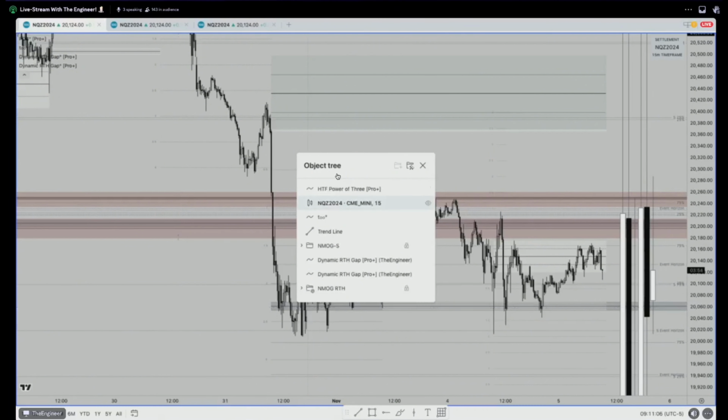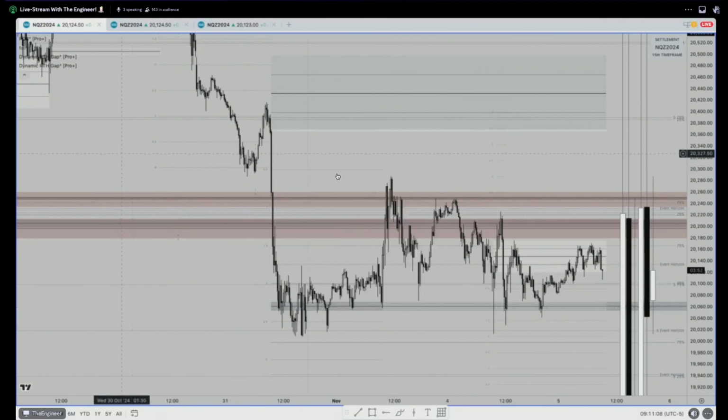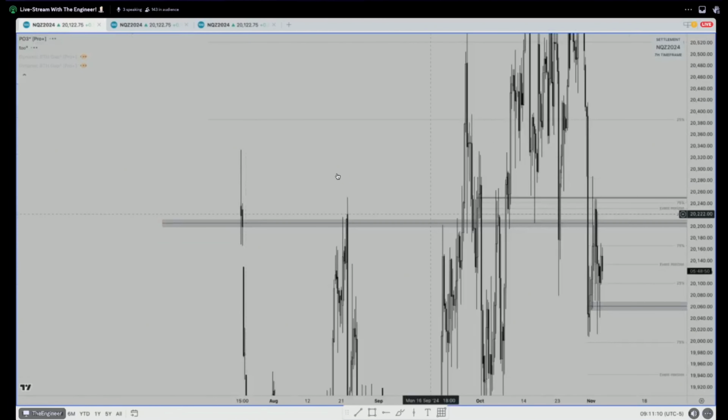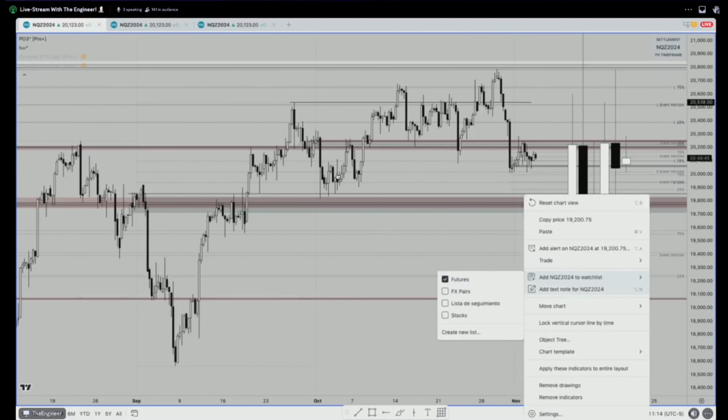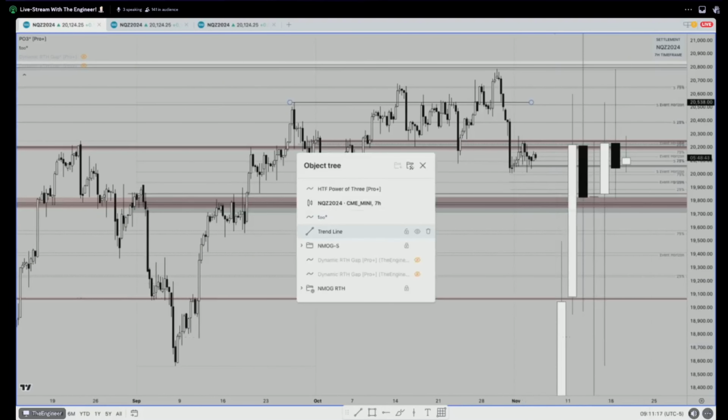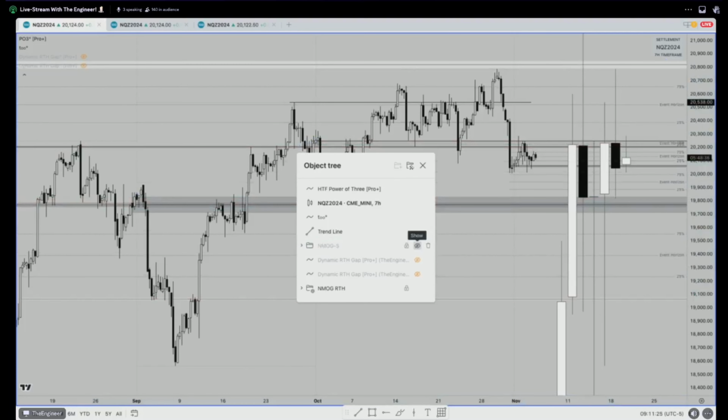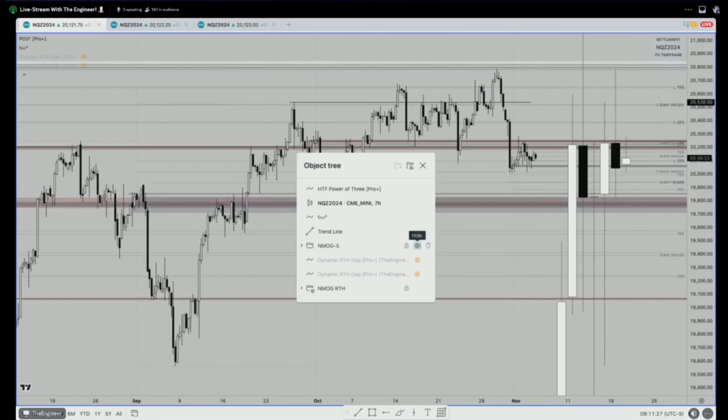Yes, basically in your object tree, imagine I have this 7 hours chart here, and you can choose. I made my drawings, and I made these folders, and I have, for example, new month opening gap settlement. If I want to turn it off, I can do it just here, and I have also the regular trading hours gaps.